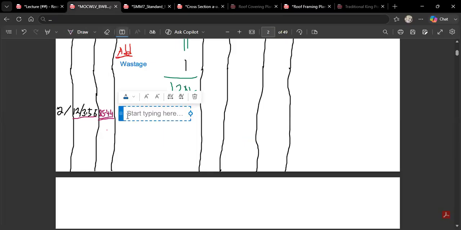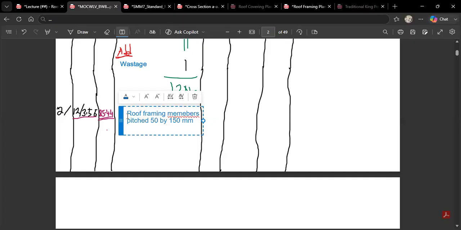So this is going to be roof framing members pitched, 50 by 150 millimeters, sawnwood.